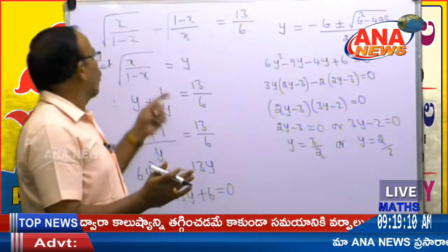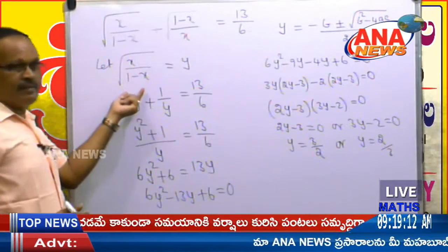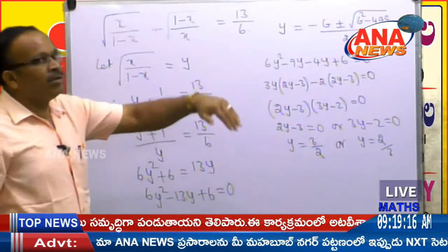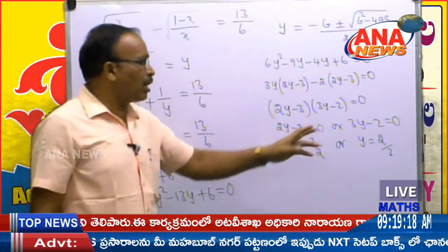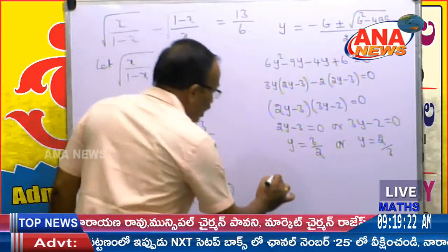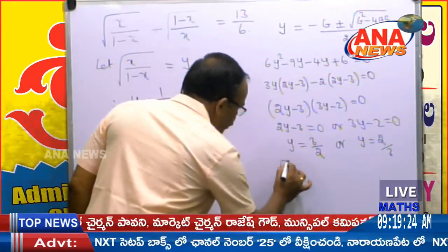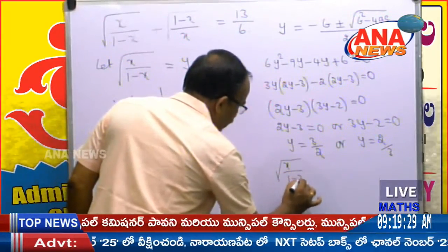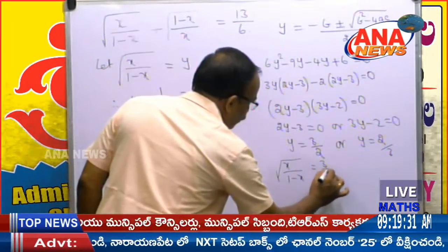What is y? y is equal to the root of this one. So one value is 3 by 2 and another value is 2 by 3, because the two are reciprocals. Take y is equal to 3 by 2. What is y? Root of x by 1 minus x is equal to 3 by 2.